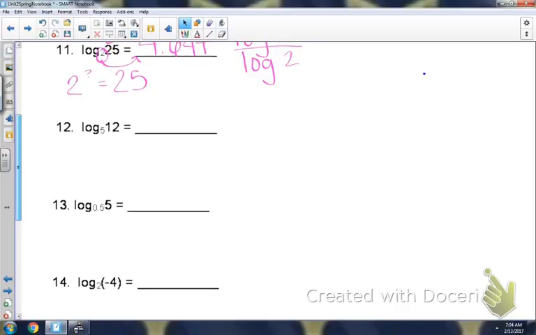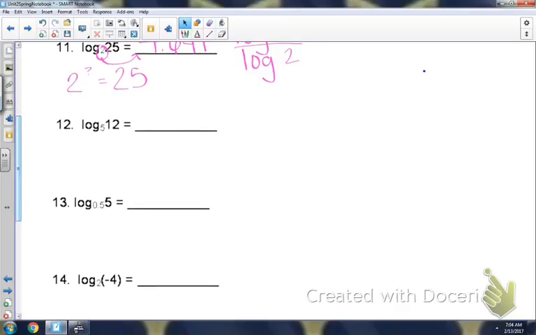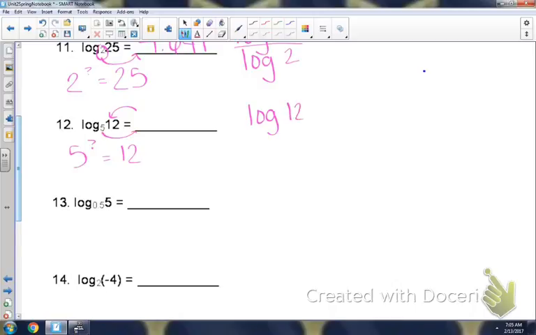Okay, let's look at 12. So notice here our base is not 10. You would be doing 5 to what power equals 12. That's not going to give us a whole number, so we're going to use the change of base formula. You're taking the common log of 12 over the common log of 5. So remember, it's always that m or n over that original base.